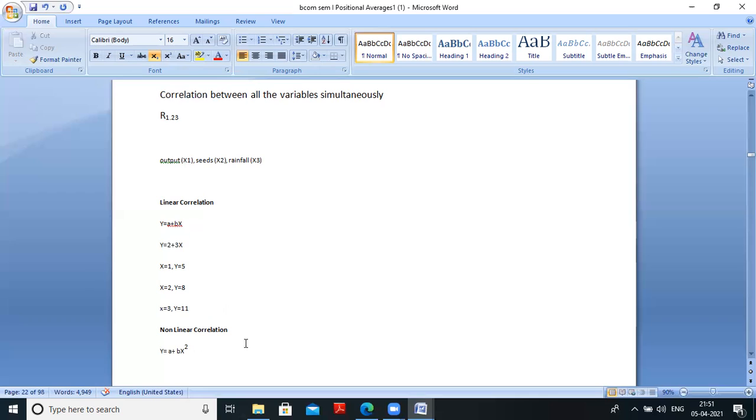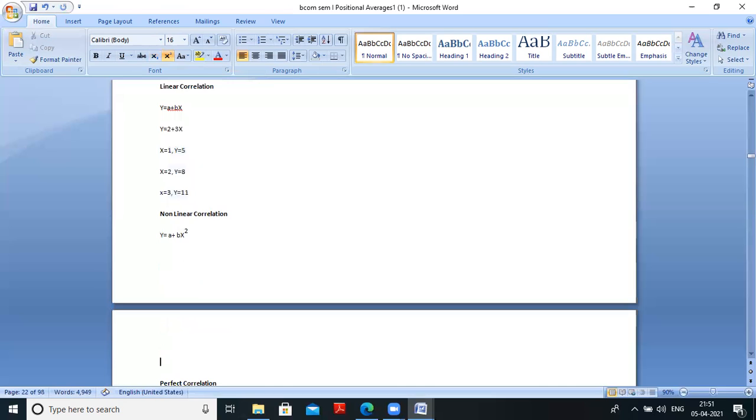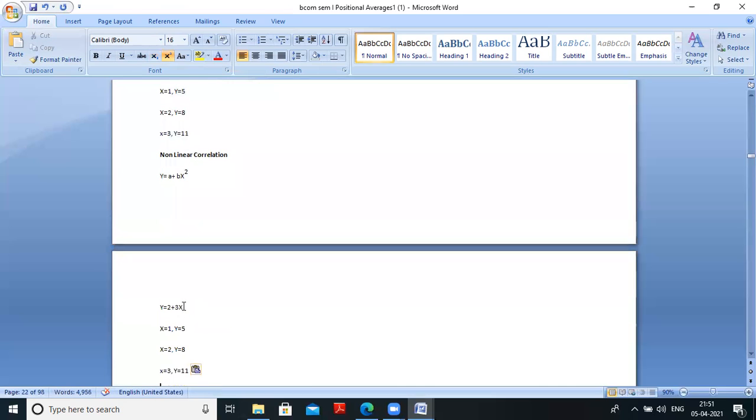This is linear correlation. But in case of non-linear correlation, suppose the equation is this one. Here I have taken x square, right? Now if x is 1, then y will be equal to 5.